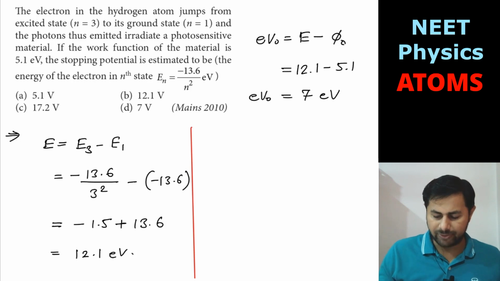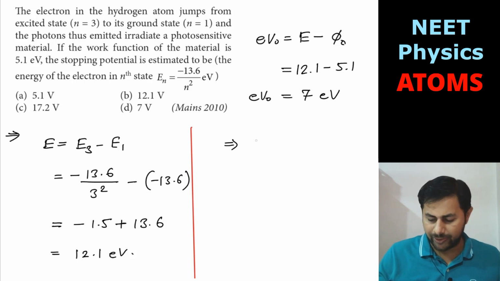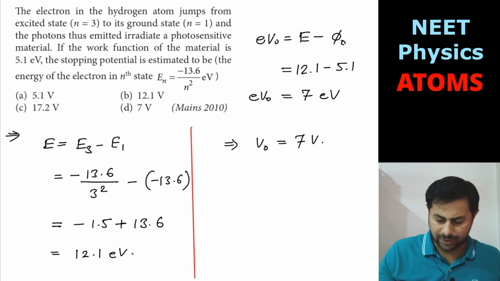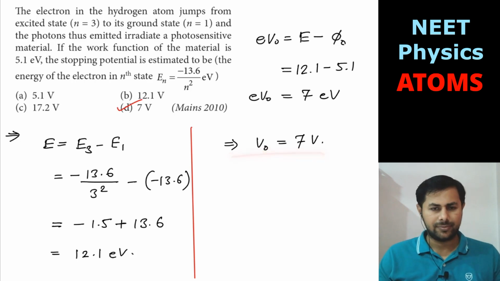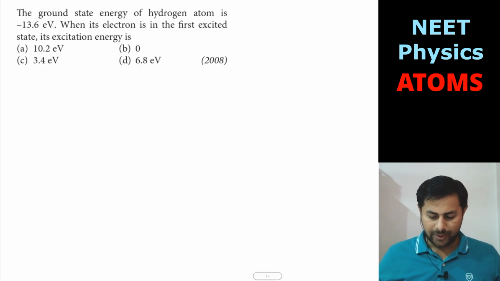This is E times V naught, so V naught is just 7 volts. That's the answer, it's option D. Okay, this is clear? It's simple. Good.